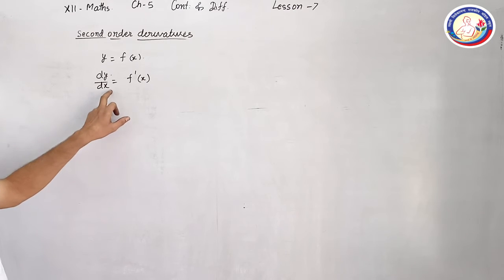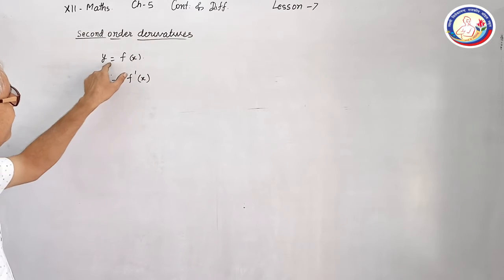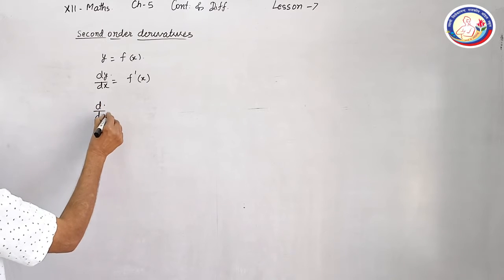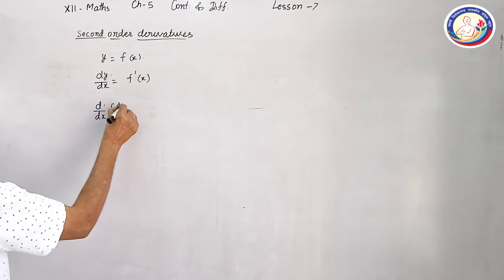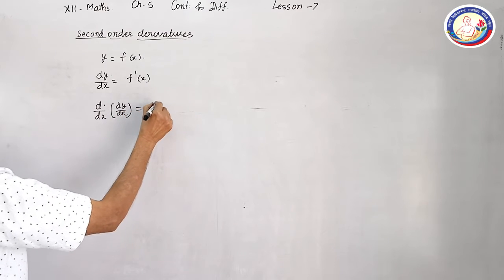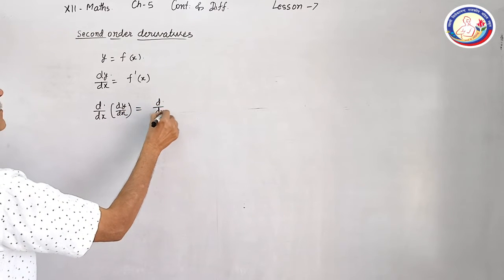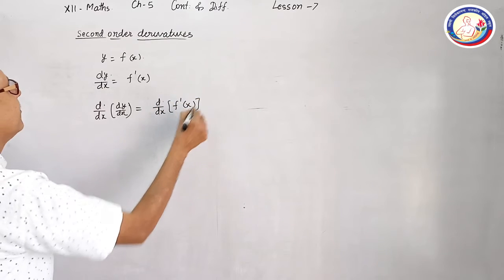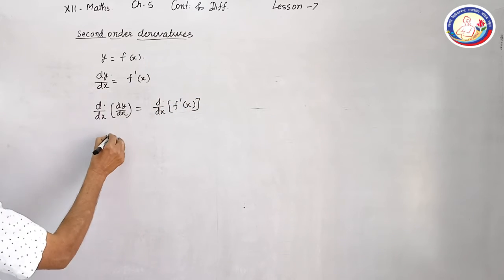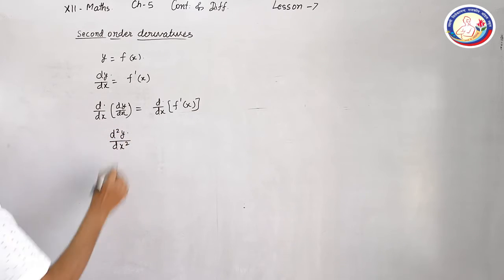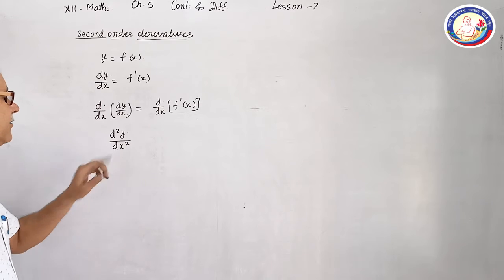If we find derivative of this, we will get d2y by dx square.